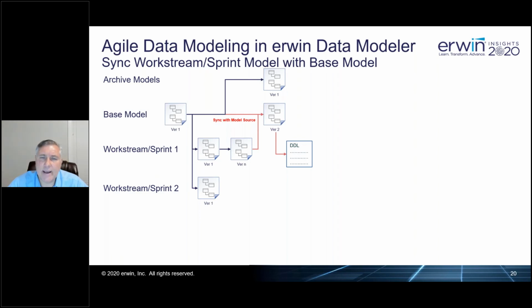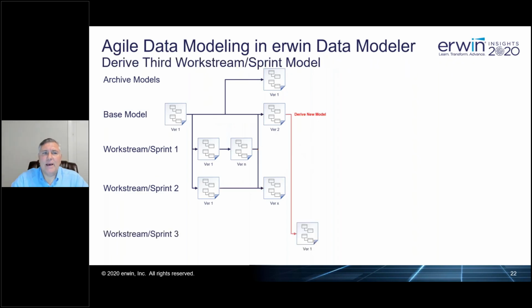Now, talking about how you manage the various different environments when you've got dev test, QA, and a production environment, that's a different sort of topic. I don't cover the management of those different models. The important thing to understand is we use a base model that is reflective of where we're deploying to.